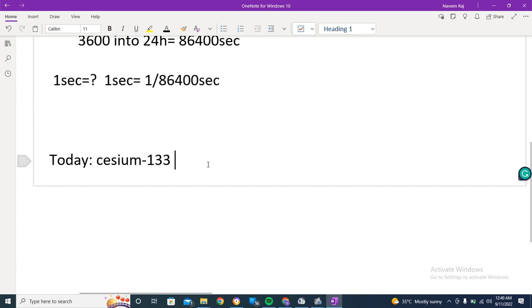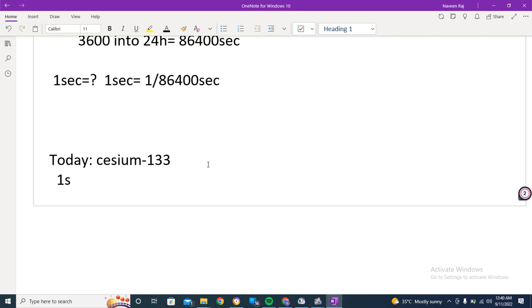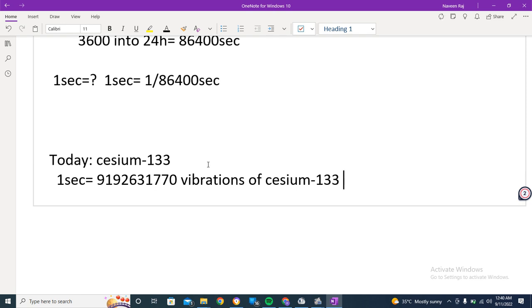In today's world we are using cesium 133, and we consider 1 second to be equal to 9,192,631,770 vibrations of cesium 133. So 1 second in today's world is equal to 9,192,631,770 vibrations of cesium 133.